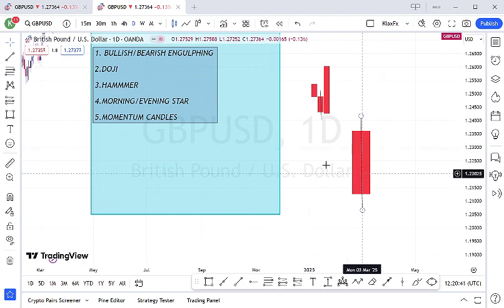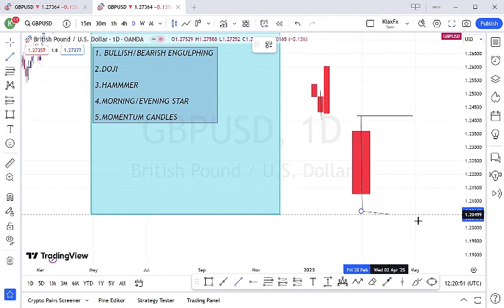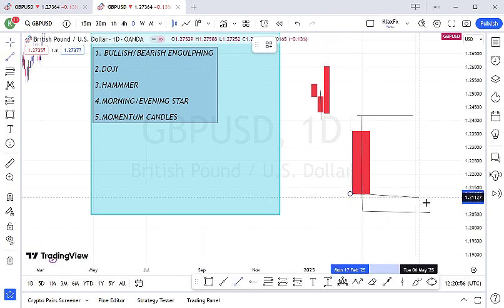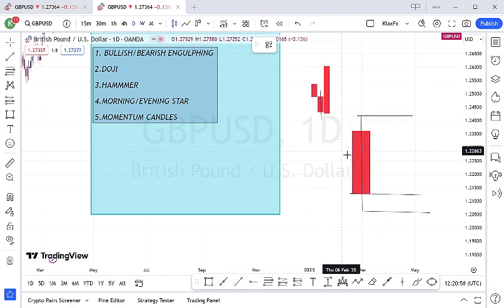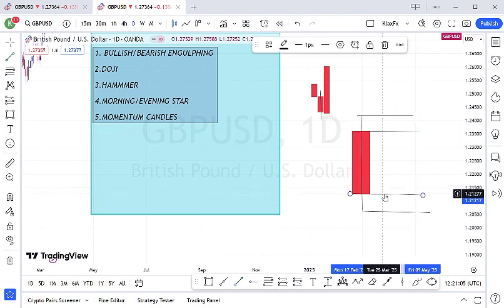In a typical candlestick, this point is the highest point of the candle, called the high, and this point is the low of the candle. For a bearish candle, this is the open, and this is the close.